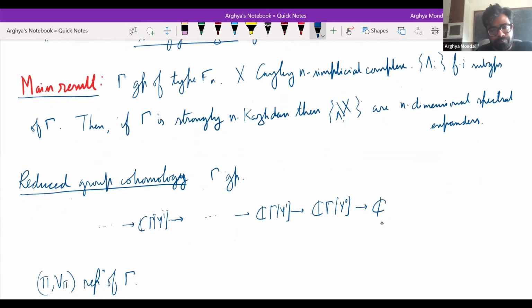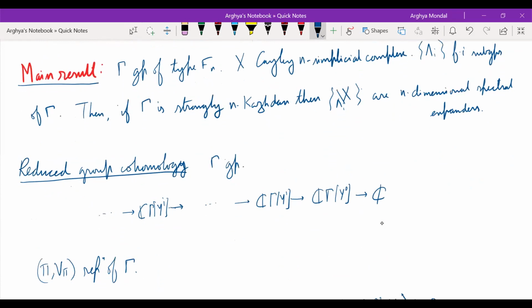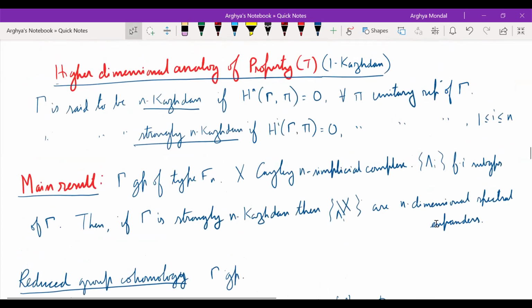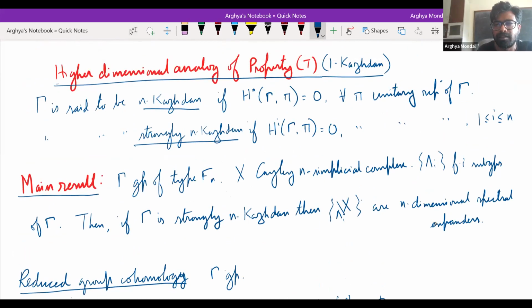So how do you compute the group homology of a group with coefficients in some module? You generally take a projective resolution of the trivial module, which is C. Do you want the reduced group cohomology to be 0 or the group cohomology to be 0? I mean, do you take the closure of the boundaries or not? I do not take the closure of the boundary.